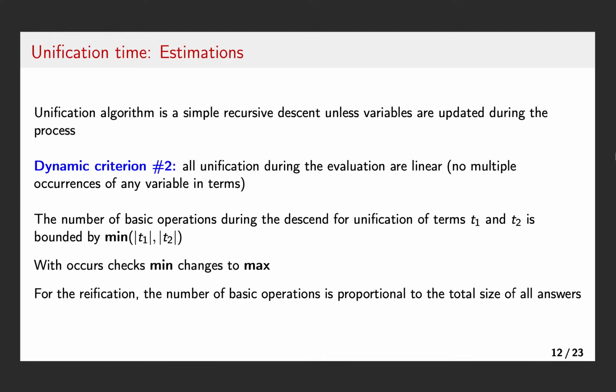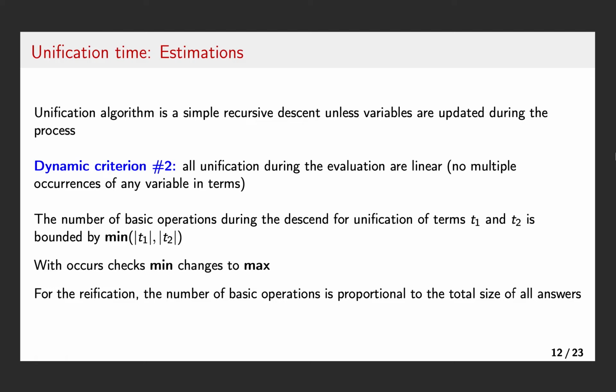So as a second criterion, we require that all unifications during the evaluation are linear, meaning that every variable occurs in the terms at most once. Under this condition, the recursive descent only goes to the closest variable, so the number of basic operations it requires is bounded by the minimum of sizes of terms.